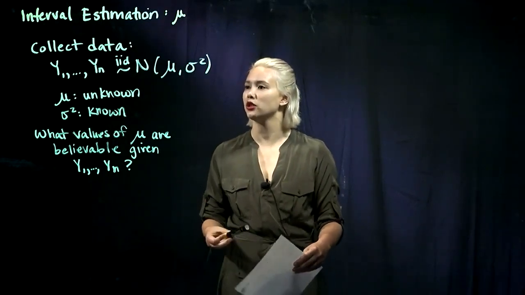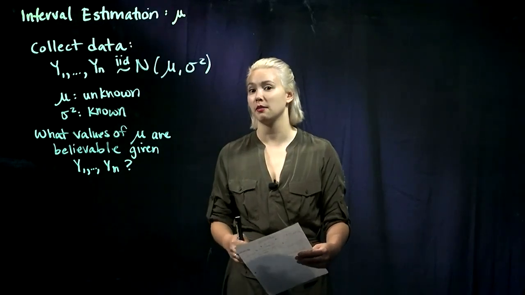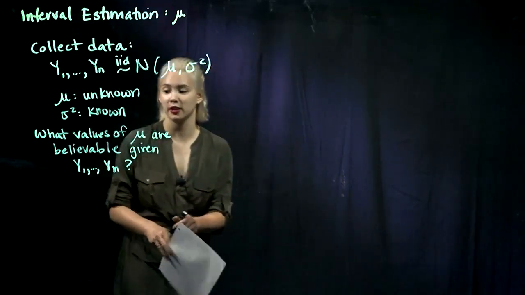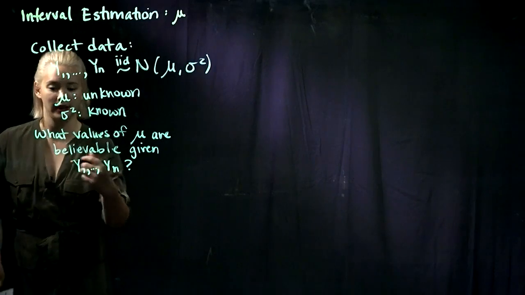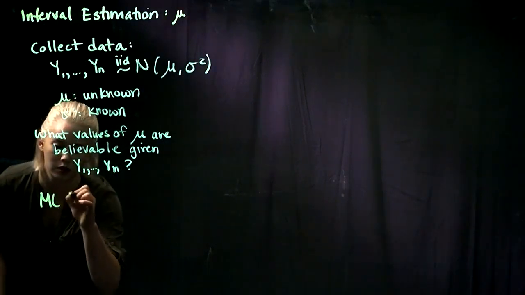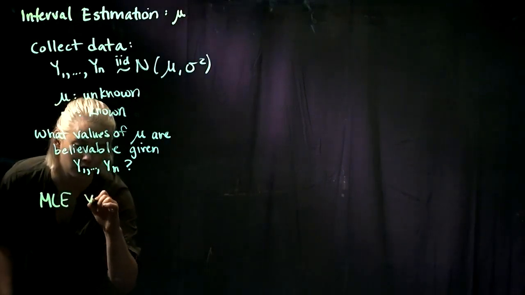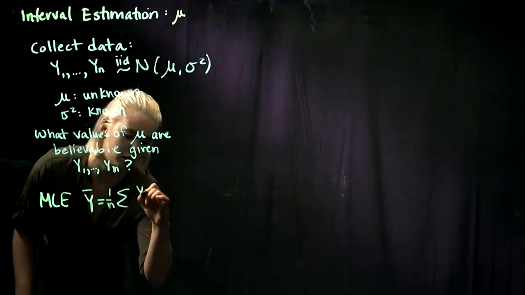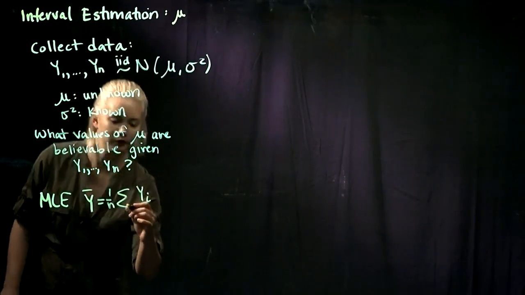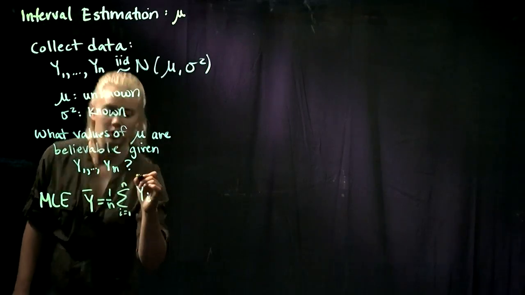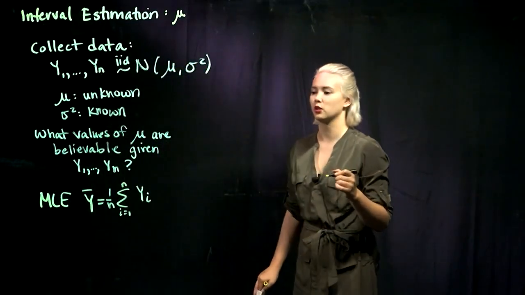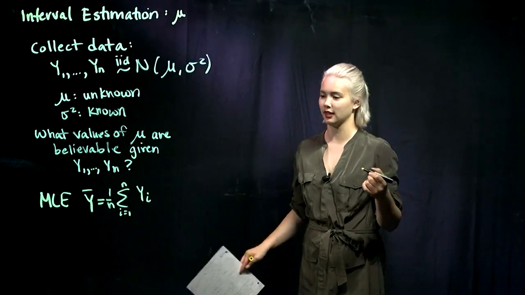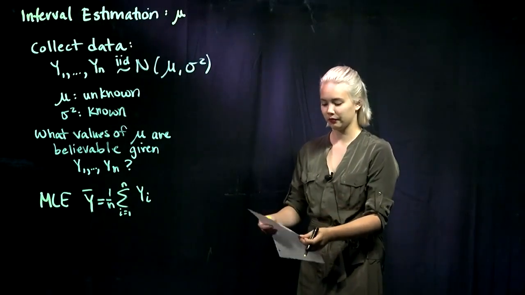All right, so what we're going to do is think about our estimator. So our estimator might be our MLE. So remember, our MLE for mu is y bar, which is just the sum of the y's divided by n.